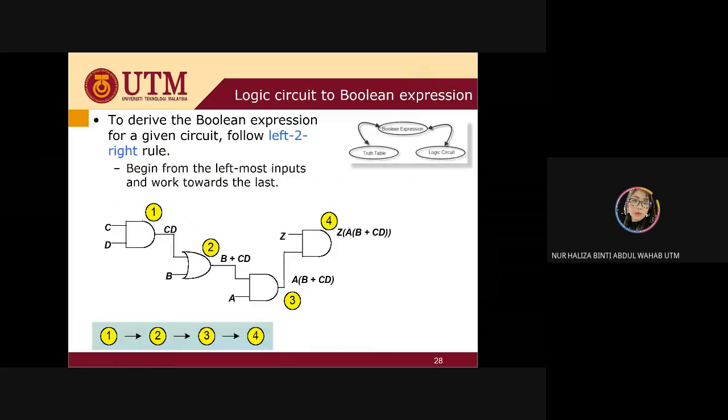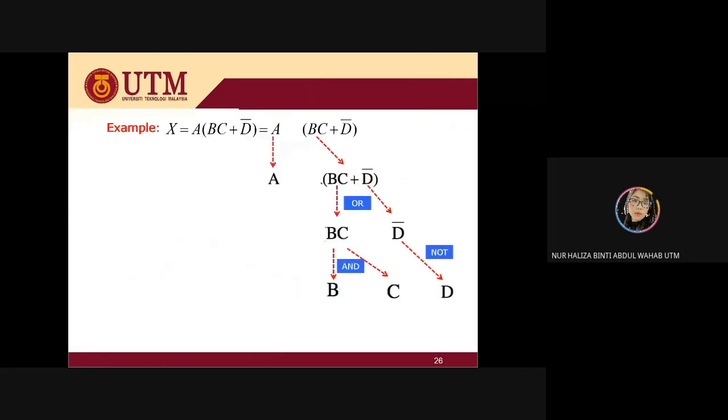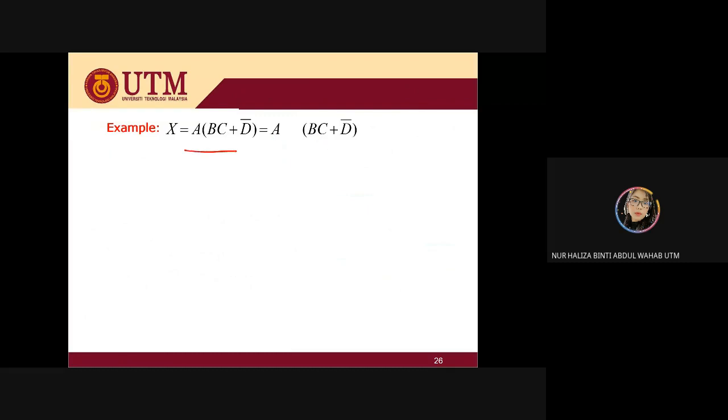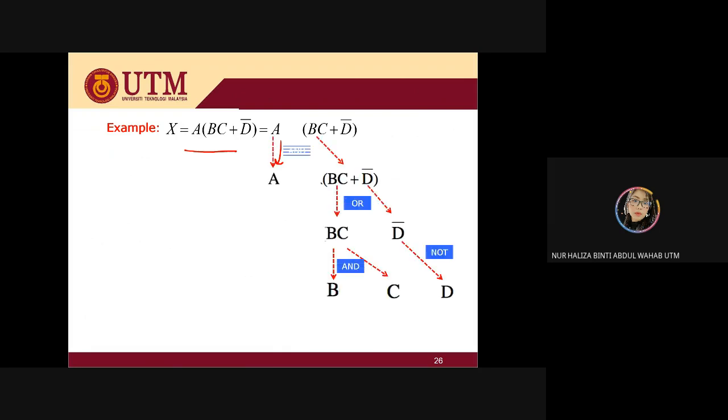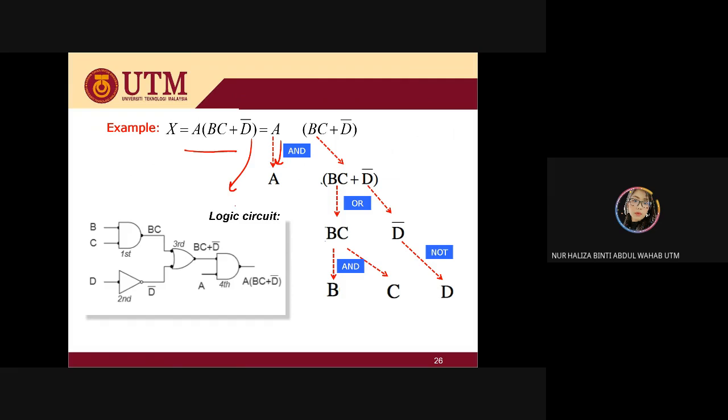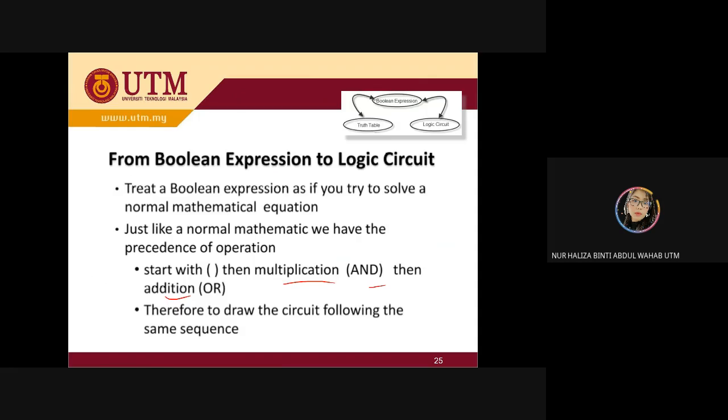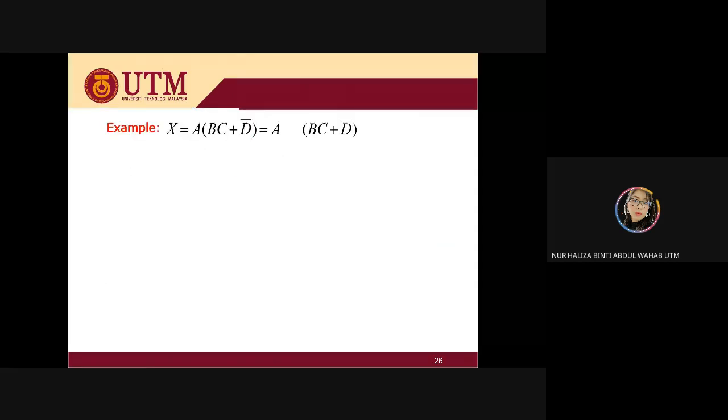But over here, we're going to jump to our logic circuit to Boolean expression. It is basically from this Boolean expression, we come up with our logic circuit. You can see, come out with our logic circuit, the one that I already shared with all of you, how you basically can do by getting this as a multiplication, this as multiplication, this as an addition, this is AND gate, this is AND gate, this is OR gate.